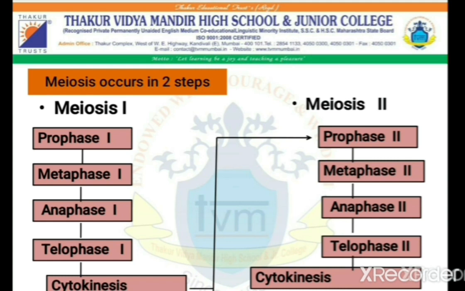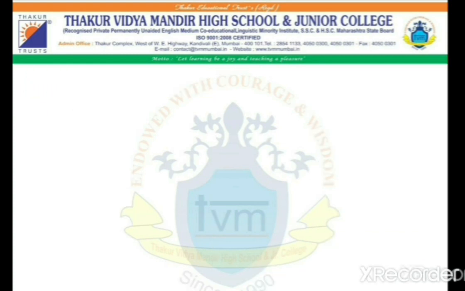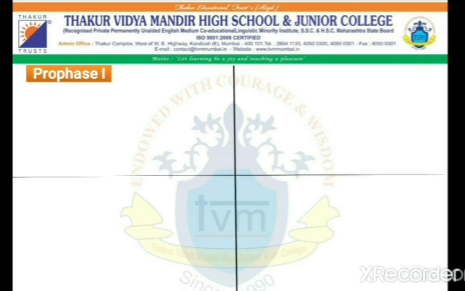Starting out with the very first step, that is meiosis 1. In meiosis 1, the first step is called prophase 1. This prophase 1 is carried out in different stages. There are 5 stages where this prophase 1 is carried out. The first stage is called leptotene.